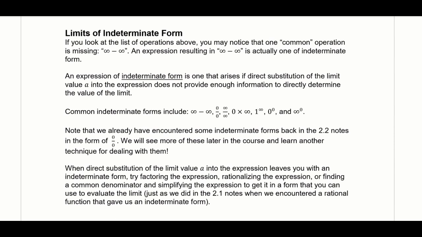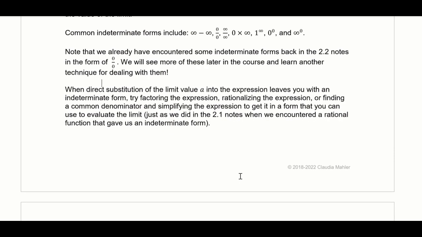But for now, if we run into these sort of expressions, basically our job is to try to get them into another form so that we no longer have an indeterminate form, so we can actually calculate the limit. And just like we were doing in the 2.1 notes when we encountered that 0 over 0 form, we have a couple techniques that we can use to deal with this.